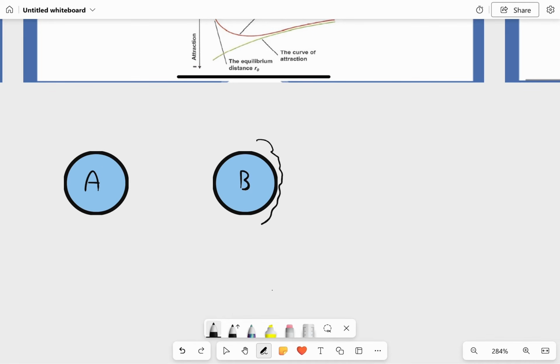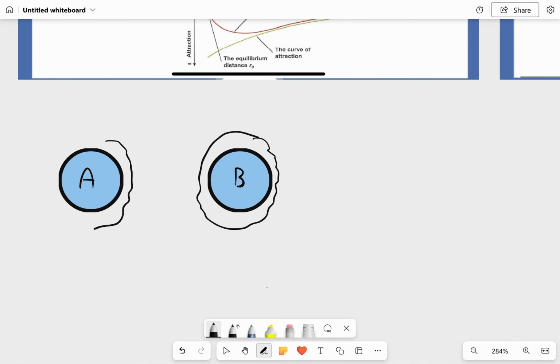The electron is a cloud, we call this the electronic cloud. So atom A cannot cross the electronic cloud of atom B.